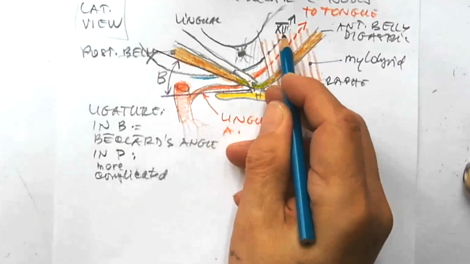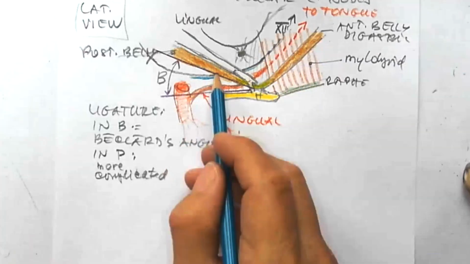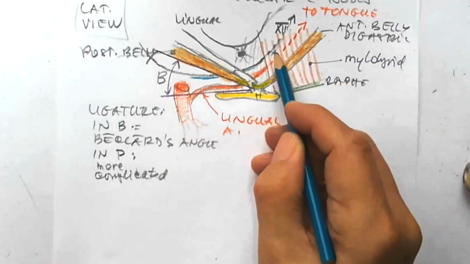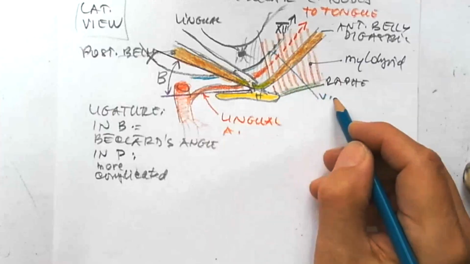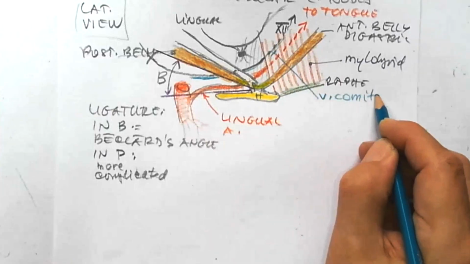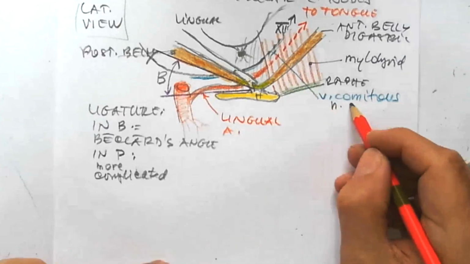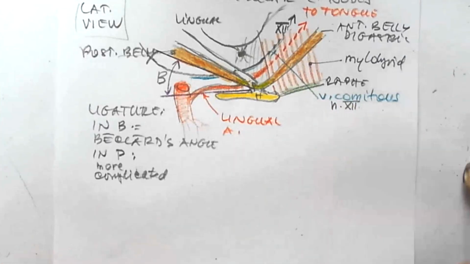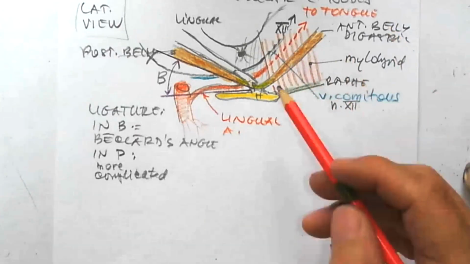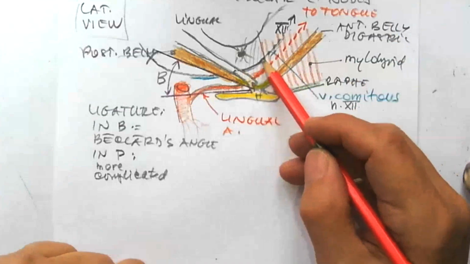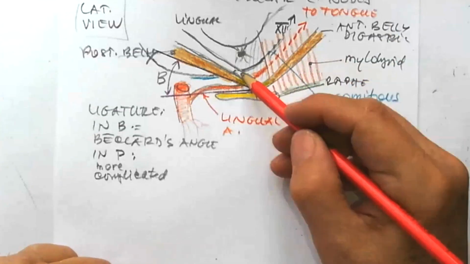So we are drawing also the vein. The vena comitans nervi hypoglossi. So we see all the structures.